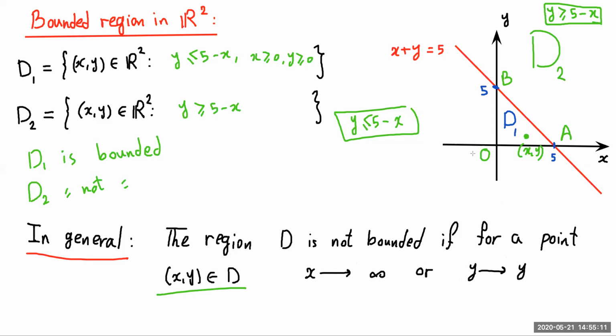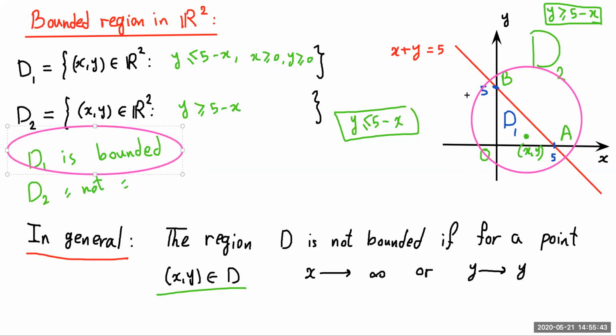For example, I will sketch now a circle that contains D1. So D1 is bounded. But I cannot sketch a circle that contains D2. So D2 is not bounded.